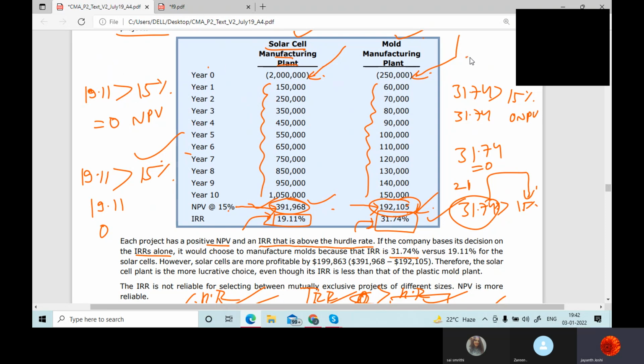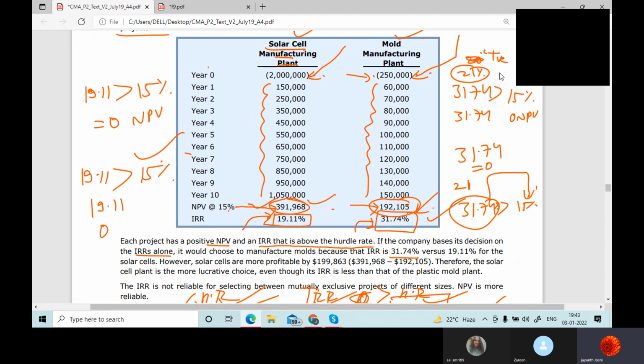You do one thing, you take 20% here, 21%, and tell me what is happening here. Are you getting a positive NPV or negative NPV? Of course you'll get a positive NPV, correct?